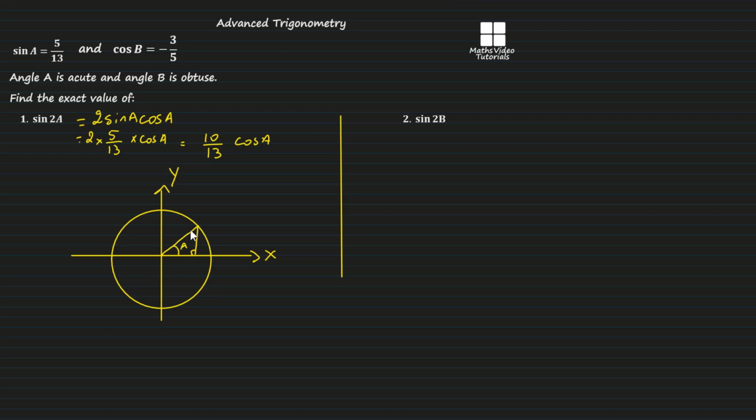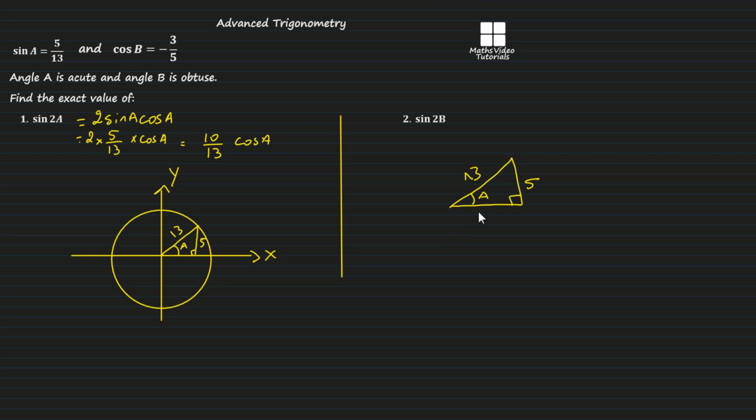Our hypotenuse is represented by the radius of this unit circle, so let's label it 13, and the opposite is 5. Let me sketch the right angle to have a better illustration. This is my angle A, this is the opposite side 5, and this is the hypotenuse 13.